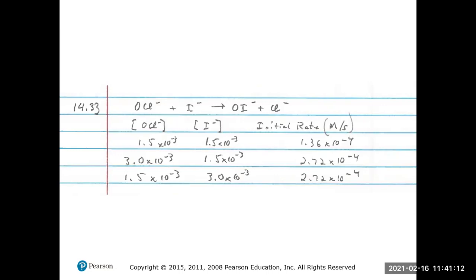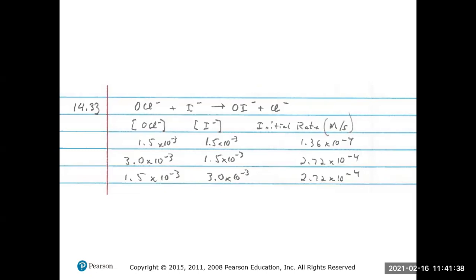And then we're given what the rate was determined to be for each of those concentrations. So this is similar to the example we went through where you keep one of the reactants constant and vary the other one, and then do vice versa to see the effect on the other.